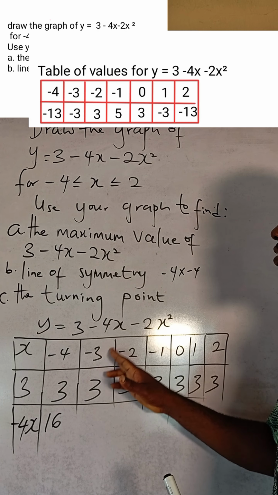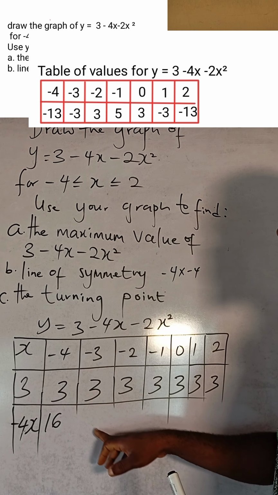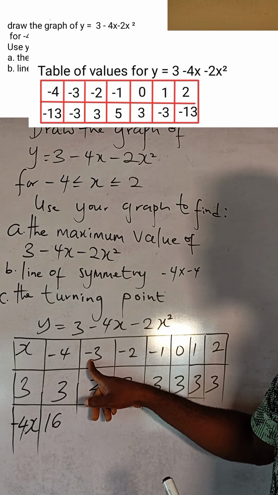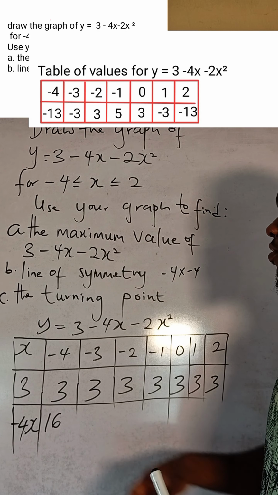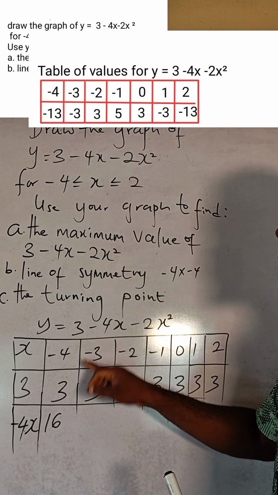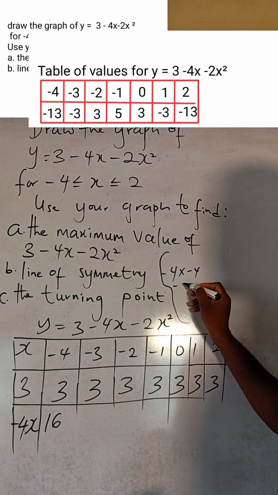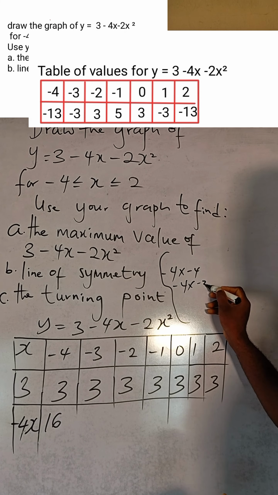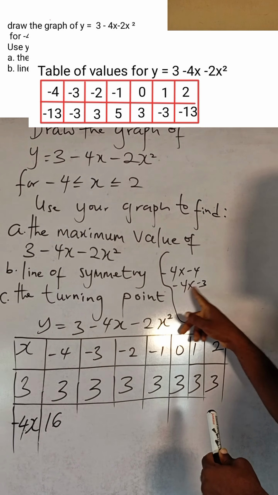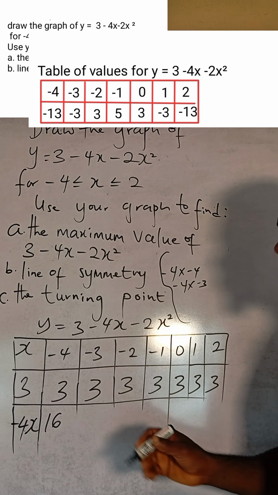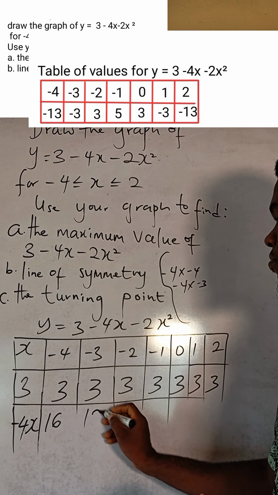The same way, we're going to do it for all the values, one after the other. What is the x value here? -3. So -4x becomes -4 times -3. Minus times minus is plus. 4 times 3 is 12. So here I'm having 12.